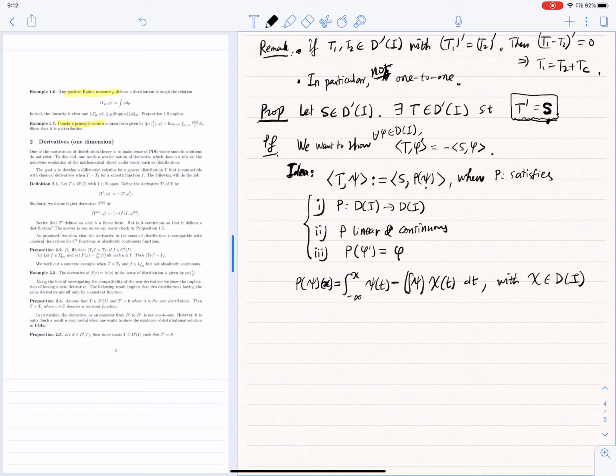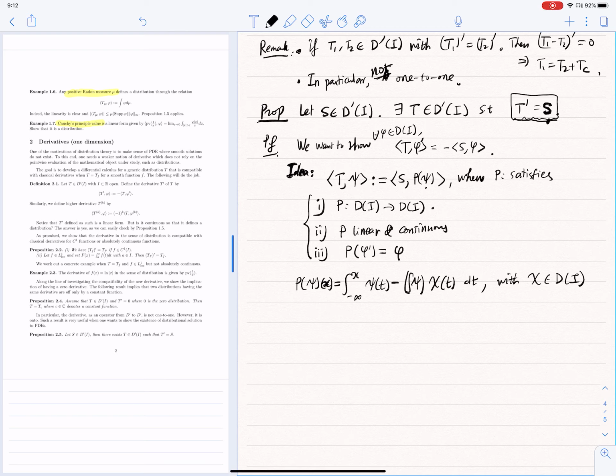And in order to, so a random choice will not do the work because we still want to have a function. The goal is to have a function which is in the space of test functions.